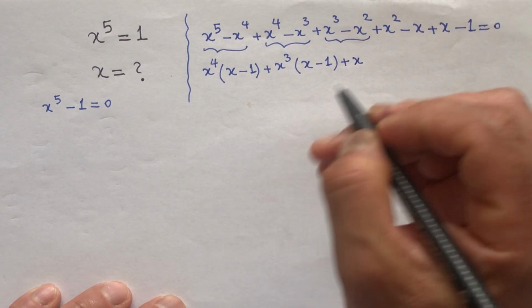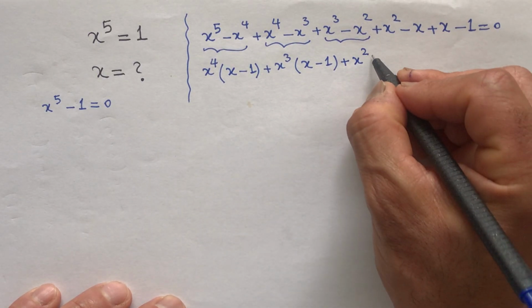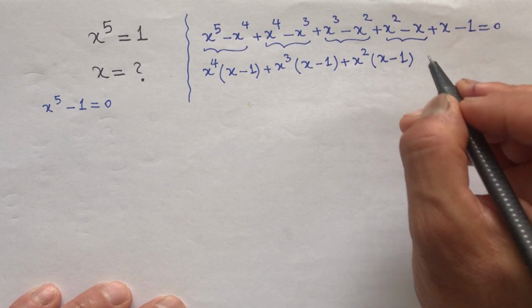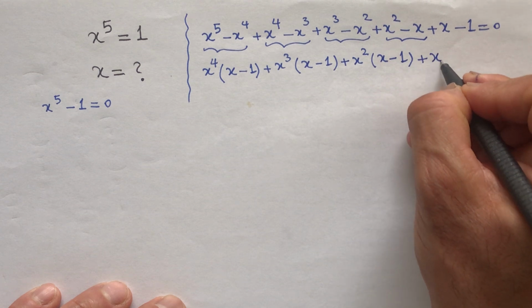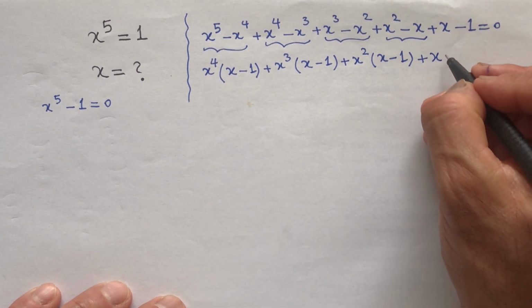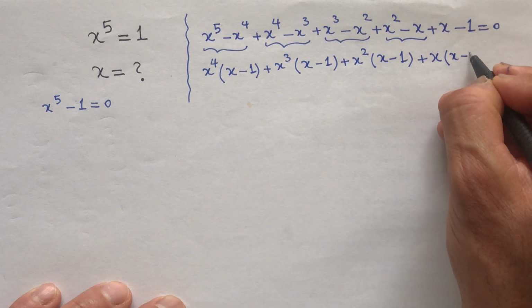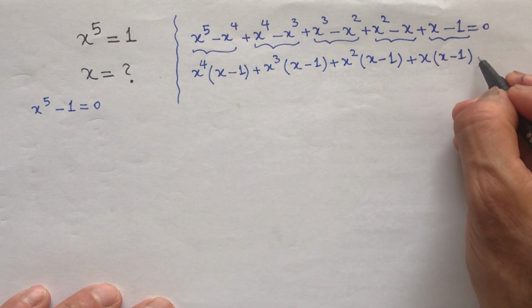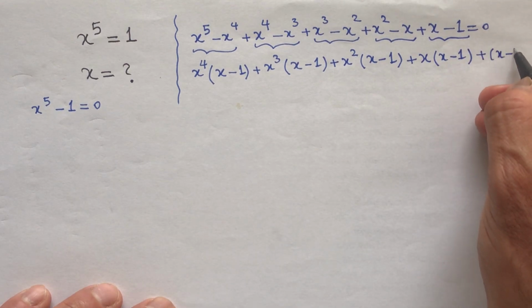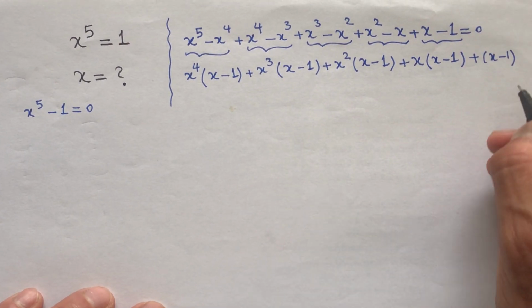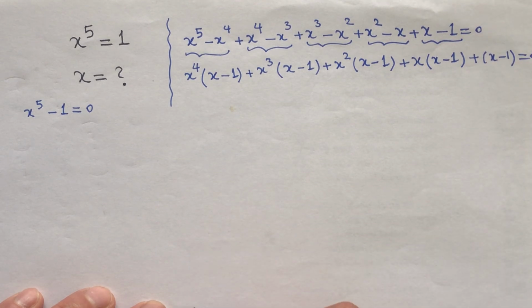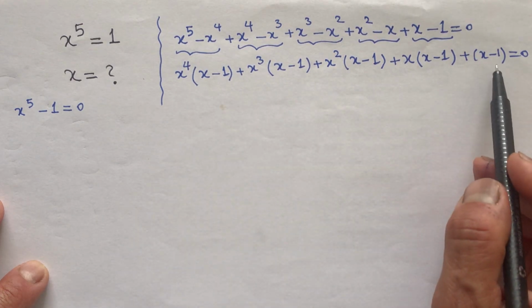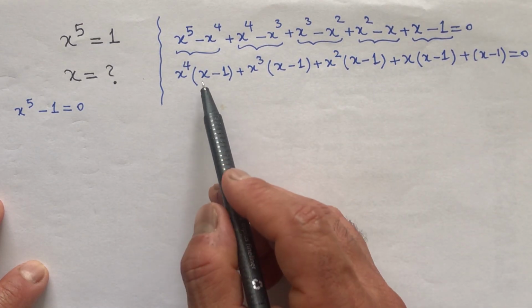But at this moment x squared, x minus 1 here again, factor out x times x minus 1, and finally we have only x minus 1 without any power of x, equals 0. Okay, now for all terms here I have this factor x minus 1.